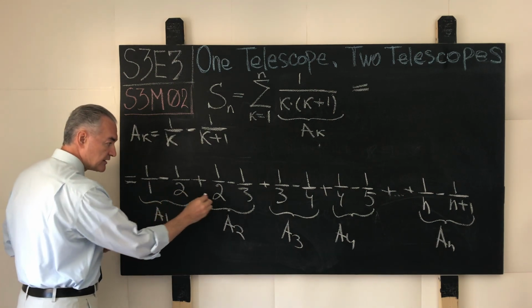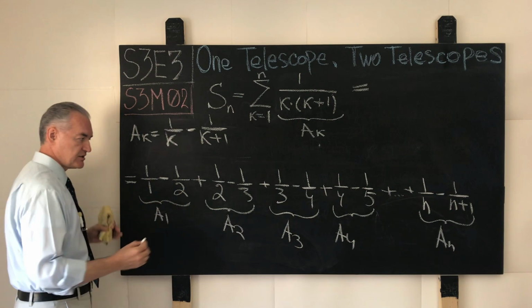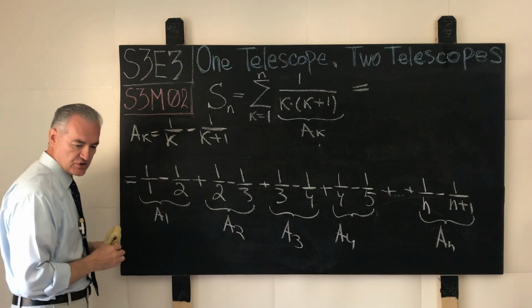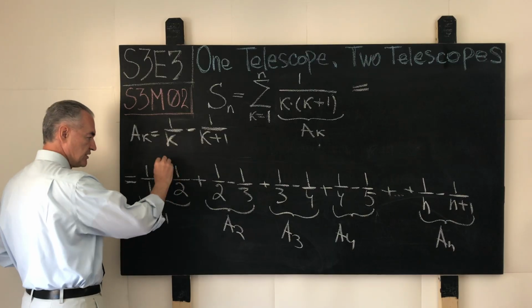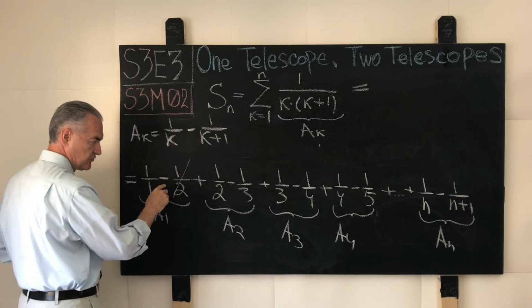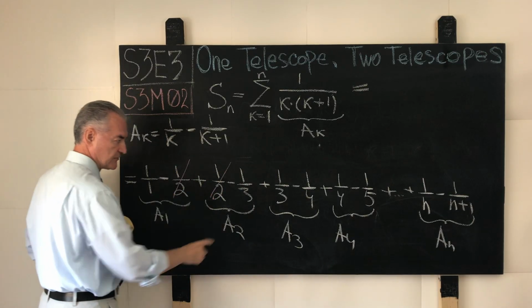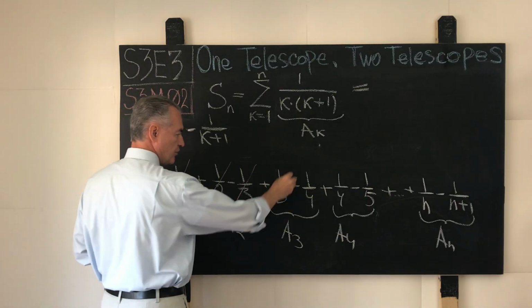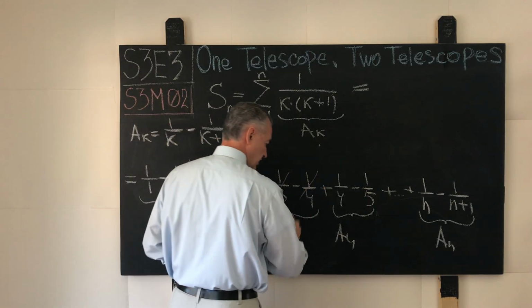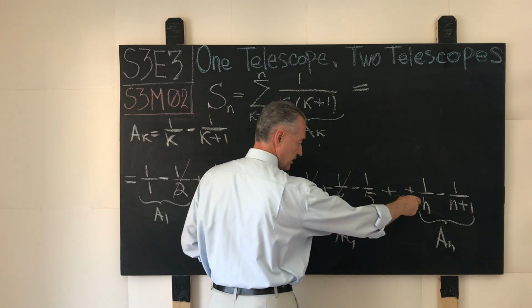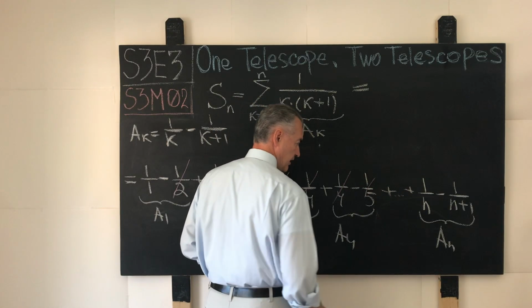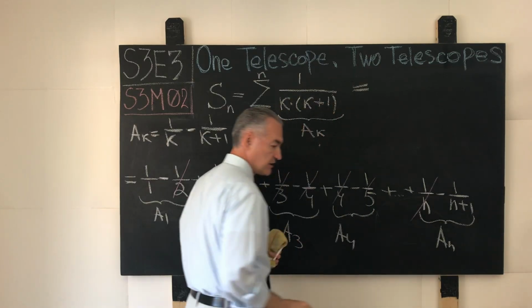Such like terms with the opposite signs are jammed right against each other. In order to make it painfully clear, let's cancel negative 1/2 and positive 1/2. Now next, negative 1/3 and positive 1/3. Negative 1/4, positive 1/4. Negative 1/5 and positive 1/5 will cancel out. Eventually, this will cancel out.